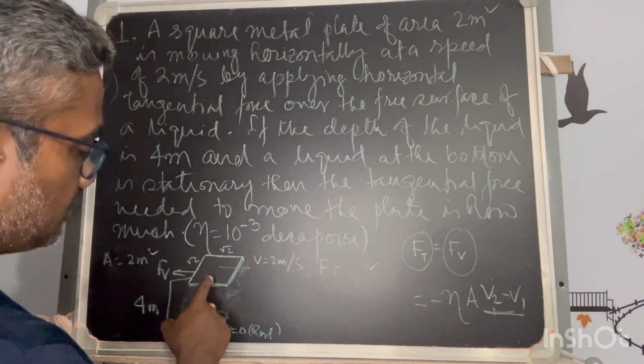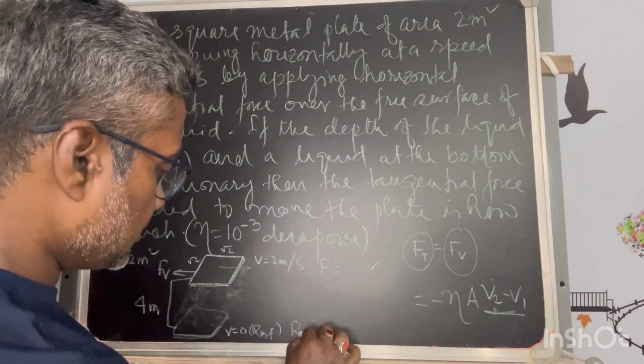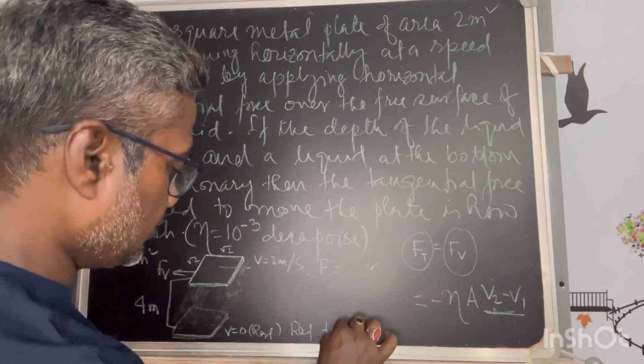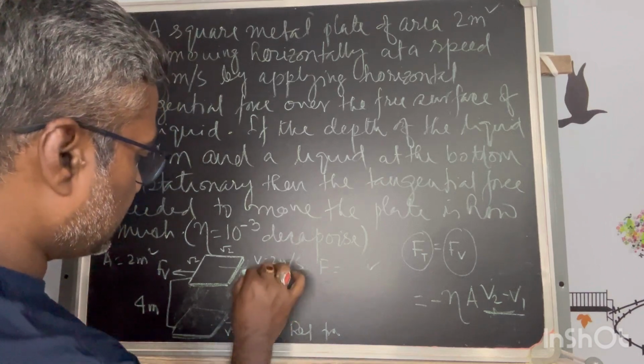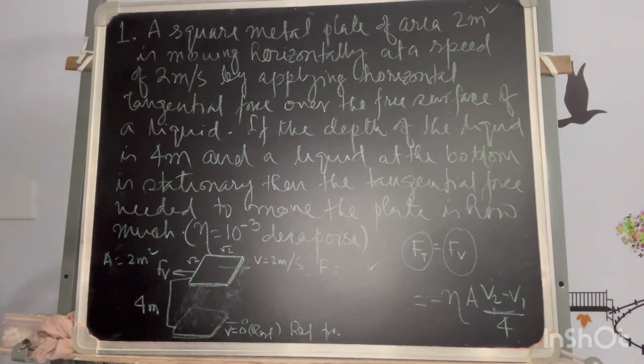I am talking about this layer. This is the reference frame, you can think of. This is at 0 and this is at 4, so it will be 4 then.